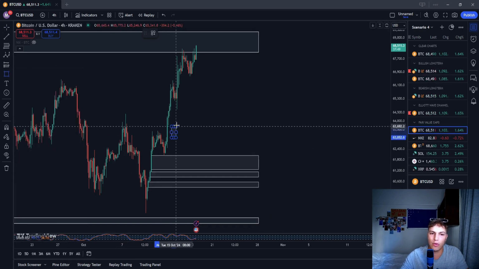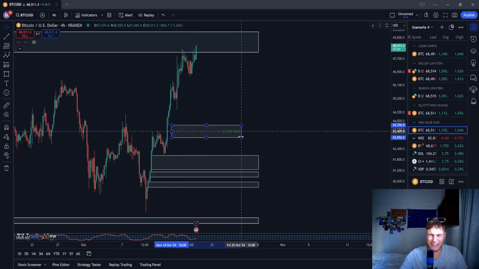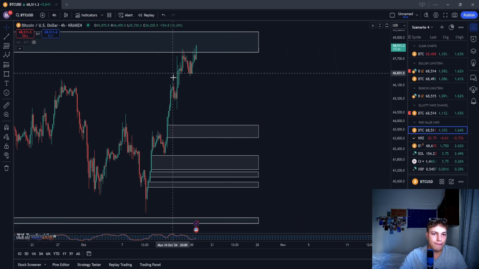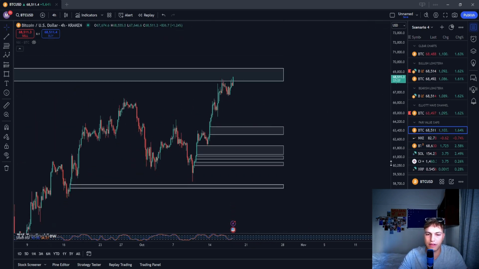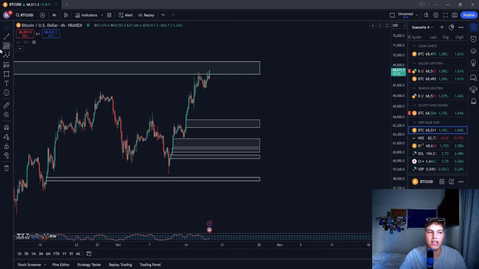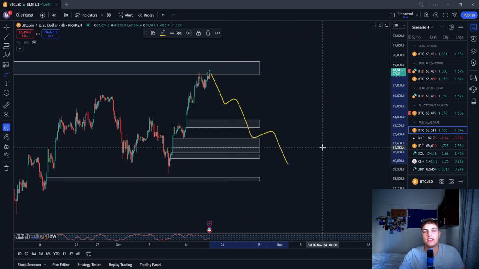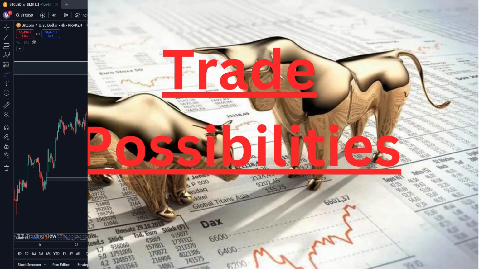So another one over here, a fair value gap over here on the chart, and then a small one over here too. But price does indeed look to fill up these fair value gaps over time, and these are the ones towards the bottom side. So it does correlate with a move down at some point from here. So that is what I expect to happen in the near future.